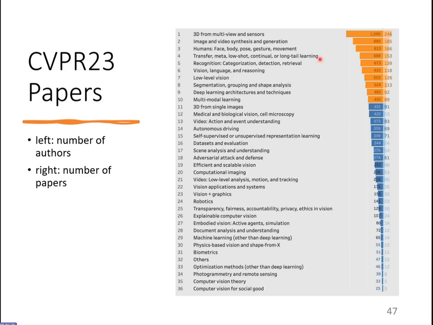It also belongs to image and video synthesis and generation. I don't know which category they put the paper into, but either the first or second, because it generates a 3D video, so it's a video generation.